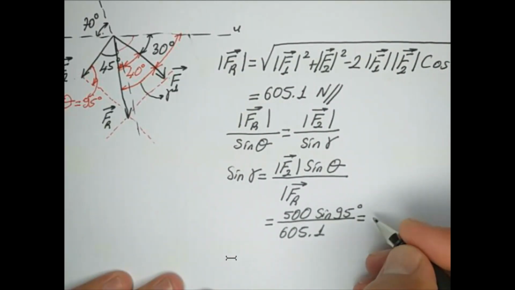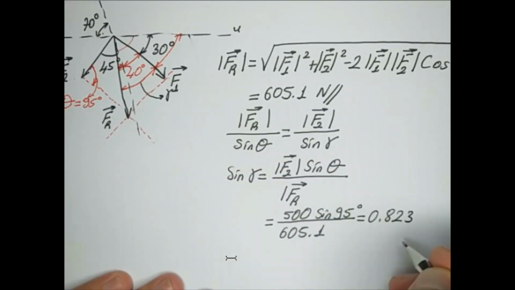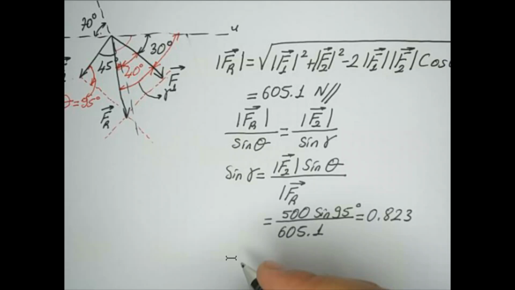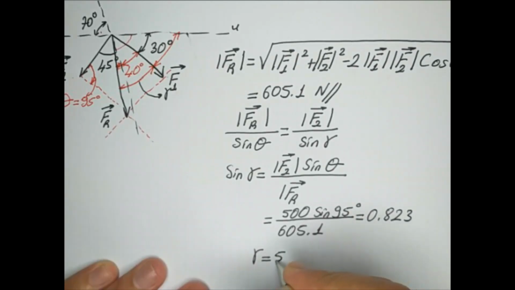Now from here I can calculate the value of gamma. Gamma is equal to 55.403 degrees.